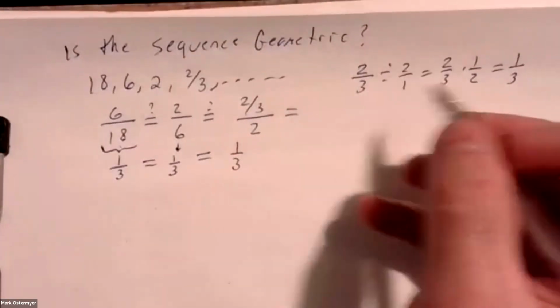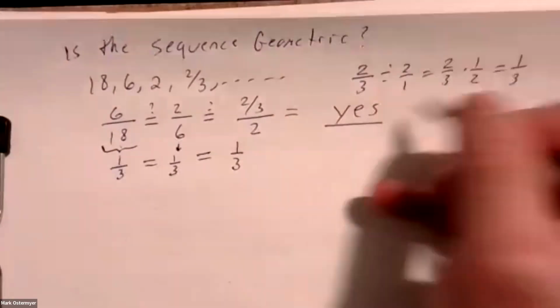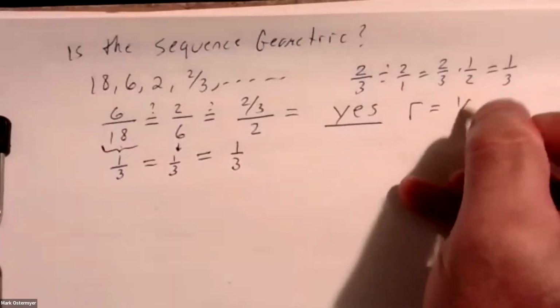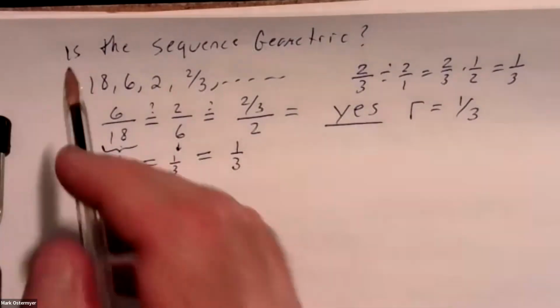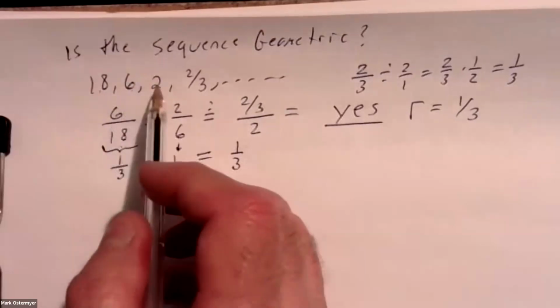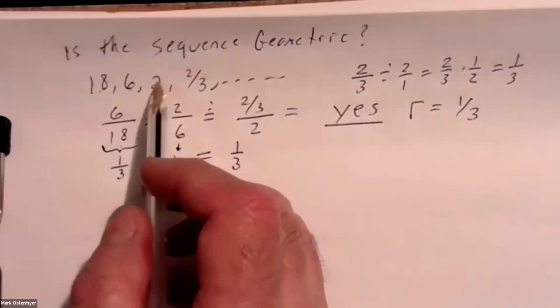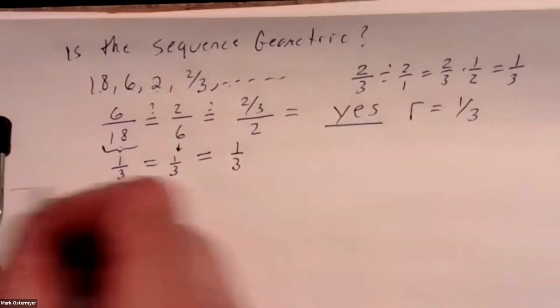So yes, we do have a geometric sequence where the common ratio is 1/3. In other words, you'd have to multiply 18 by 1/3 to get 6, multiply 6 by 1/3 to get 2, multiply 2 by 1/3 to get 2/3, et cetera. So this is a geometric sequence.